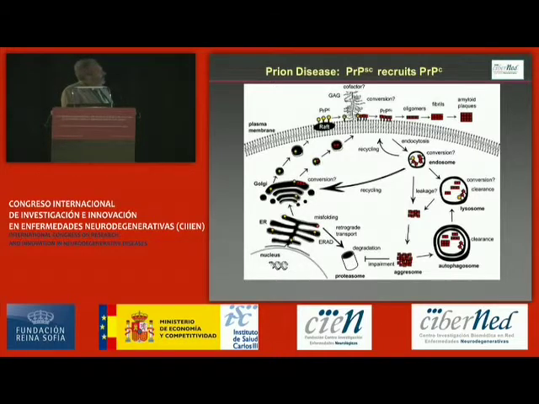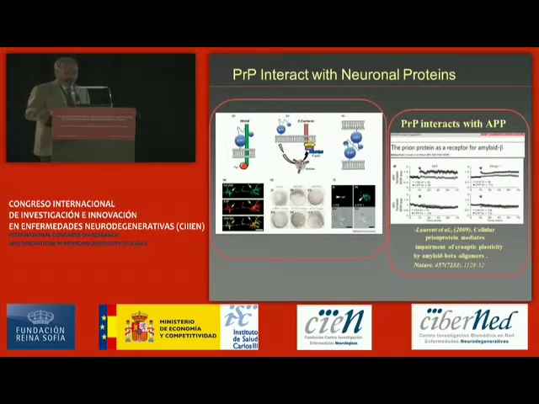The pathological one, called PrPSc from scrapie, is able to recruit the normal protein that is in the membrane, the PrPC, and for mechanisms that are not completely clarified, probably with the help of a different membrane cofactor, or maybe in a cellular compartment not completely clarified, the normal one is converted to the pathological one. This is a chain of conversion which we thought was exclusive to this pathology.